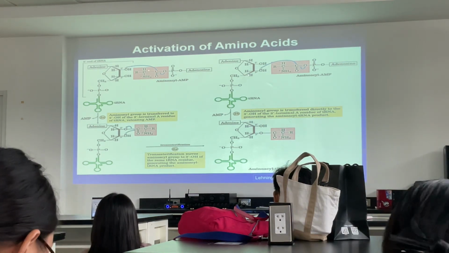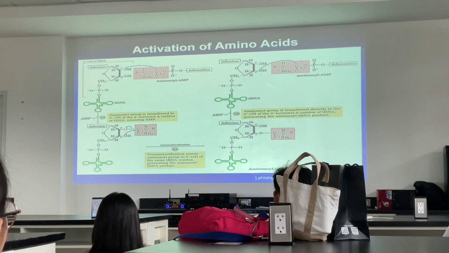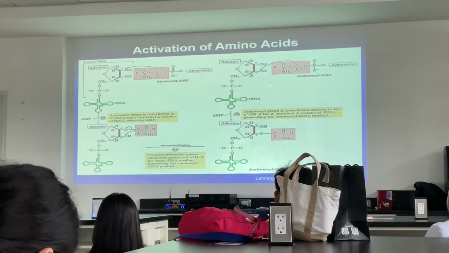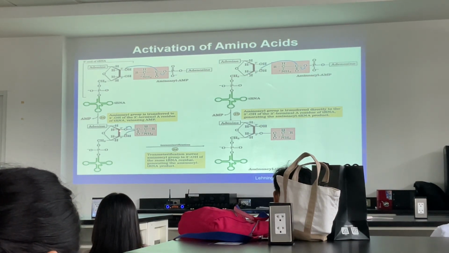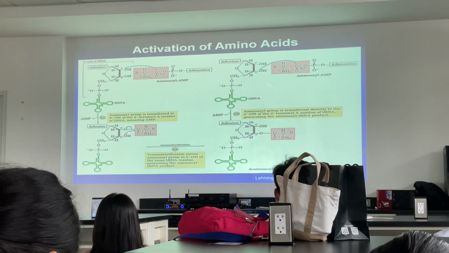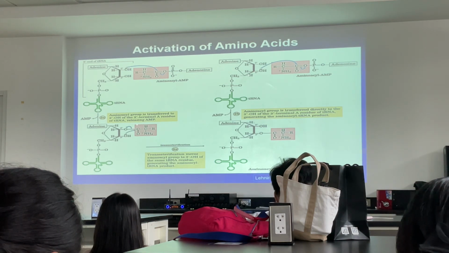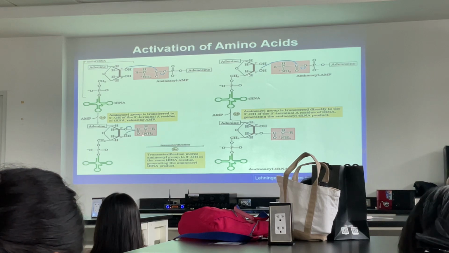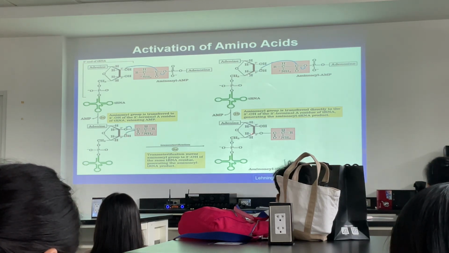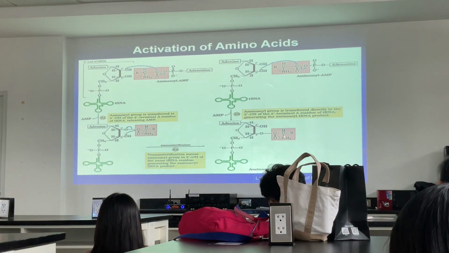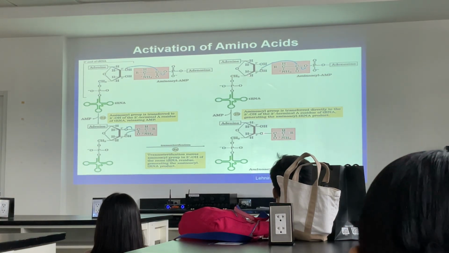So this now will become attached to the oxygen atom on the second carbon atom of the ribose sugar. Then the oxygen on the third carbon atom of the ribose sugar again will carry out a nucleophilic attack on this carbon atom, and the amino acid will now be transferred to the oxygen atom on the third carbon of the sugar.